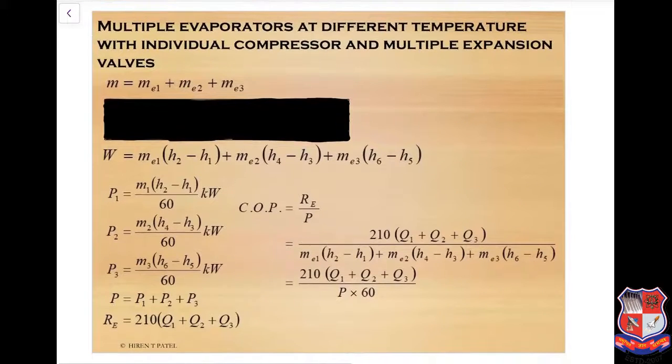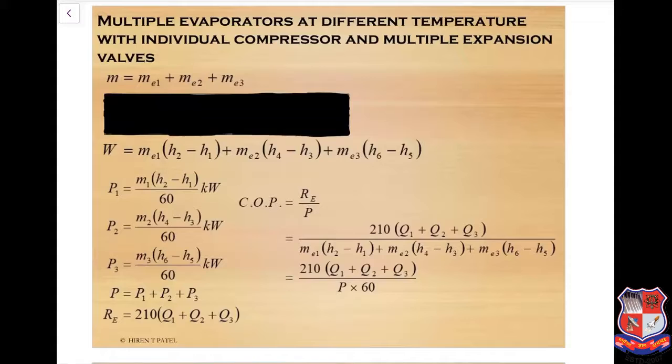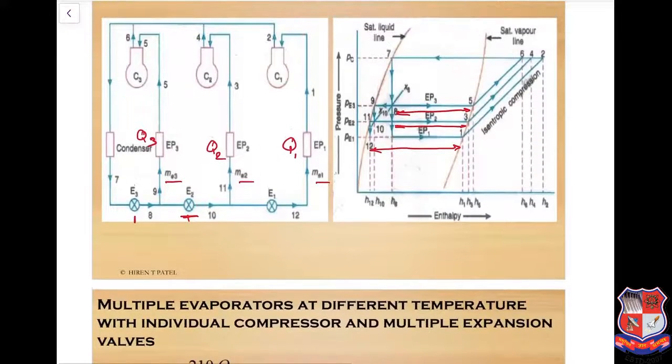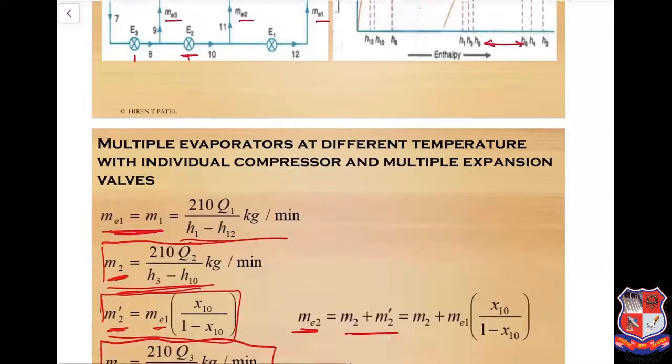So total mass will be Me1 plus Me2 plus Me3, and total work done will be Me1 into H2 minus H1, plus Me2 into H4 minus H3, and Me3 into H6 minus H5. So here the enthalpy differences.